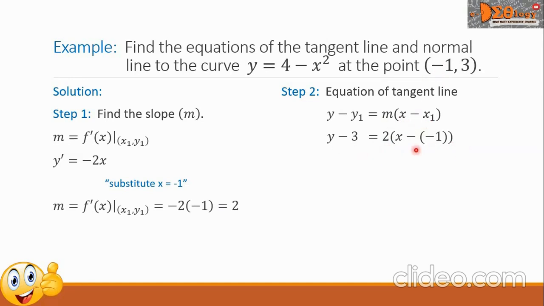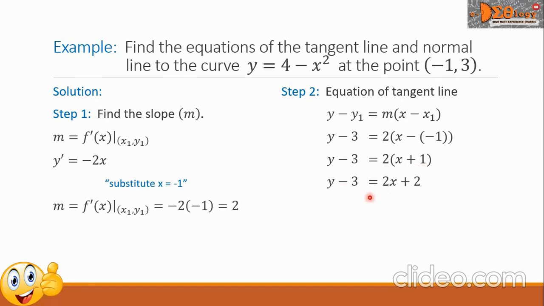Simplifying the right side, the negative times negative becomes positive. So we have positive 1 here. Simplifying again the right side, we multiply the number 2 to the x and to the 1 respectively. So we have now 2x plus 2 on the right side.